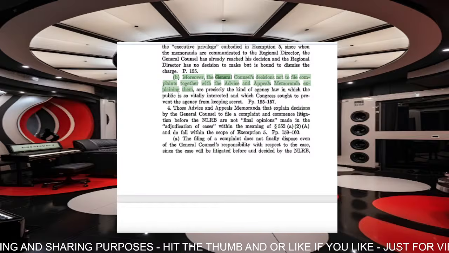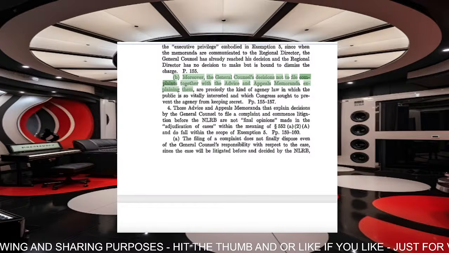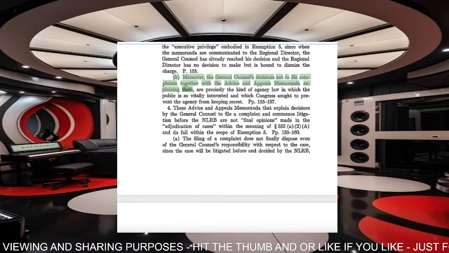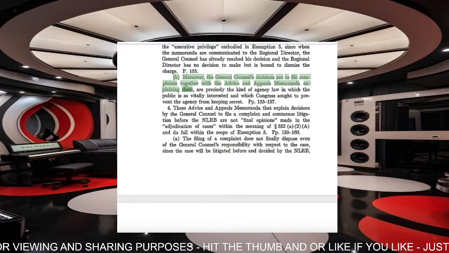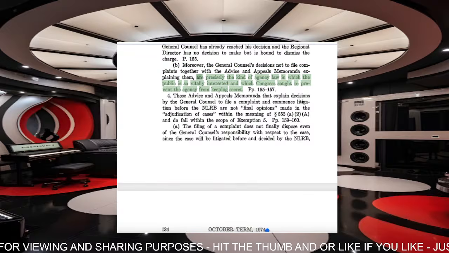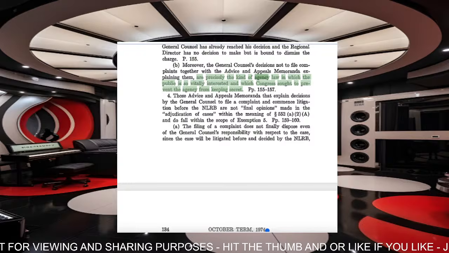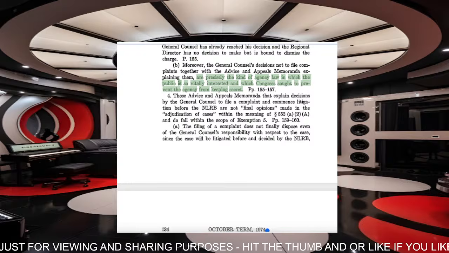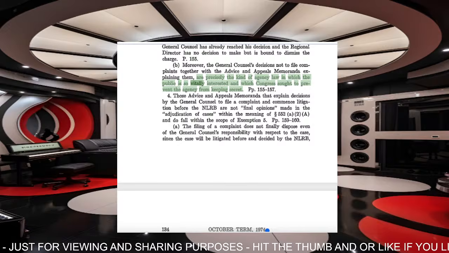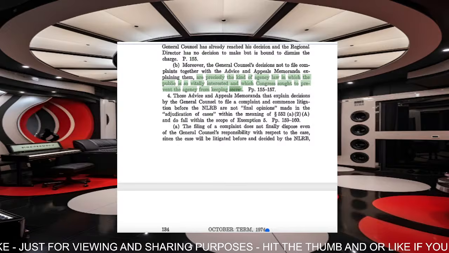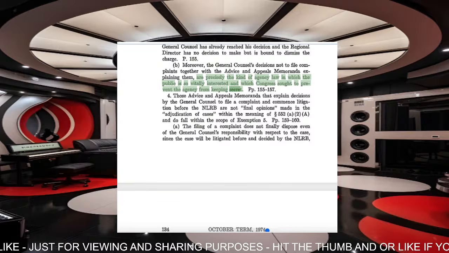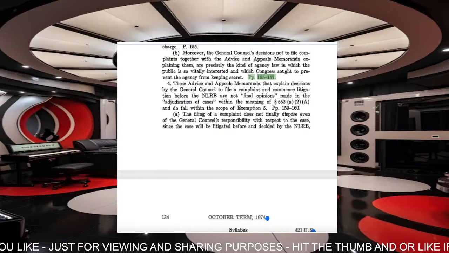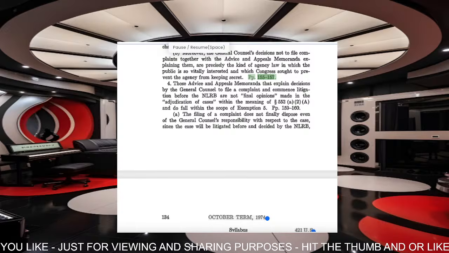Moreover, the General Counsel's decisions not to file complaints together with the advice and appeals memoranda explaining them are precisely the kind of agency law in which the public is so vitally interested, and which Congress sought to prevent the agency from keeping secret. pp. 155.